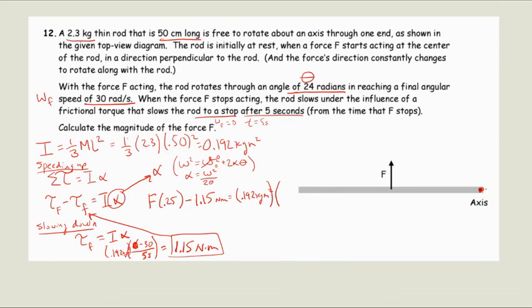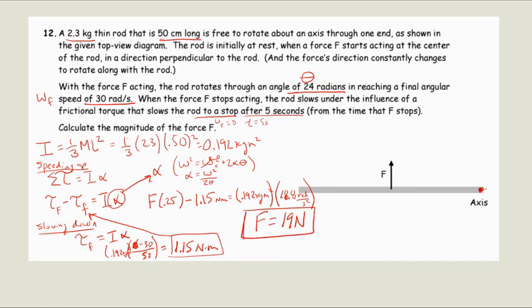So I have omega is 30 squared divided by 2 times 24. And that's going to end up giving me a value of 18.8 radians per second squared. And when I plug everything in here, I end up solving for my force, and my force is equal to 19 newtons.